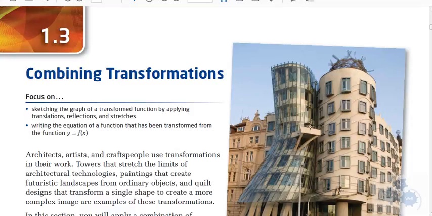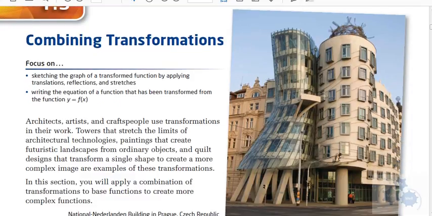So I kind of like this picture here. Isn't this a pretty cool building right here? That is pretty creative, okay? It looks like someone has just punched the side of this building. It looks like it was pretty much the same as this one, yet somebody just really squished it up there and kind of mangled it, right? Pretty neat. So obviously, these sorts of transformations can happen in architecture and different things like that.